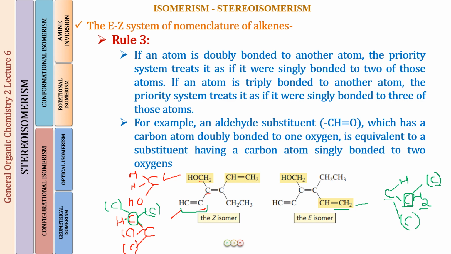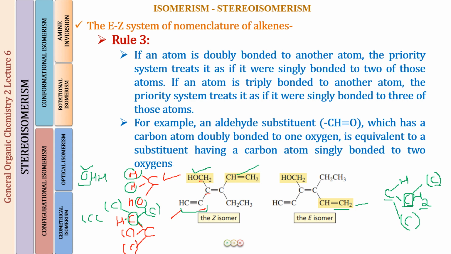and then you will be able to choose the priority. Now when you choose the priority over here, you can see that we have a hydrogen and an oxygen. I can just write it in short as O, H, H. Okay, and when I see over here, these are a C, C and C. So my atom which has a higher atomic number is oxygen, so my priority group is going to be this one.